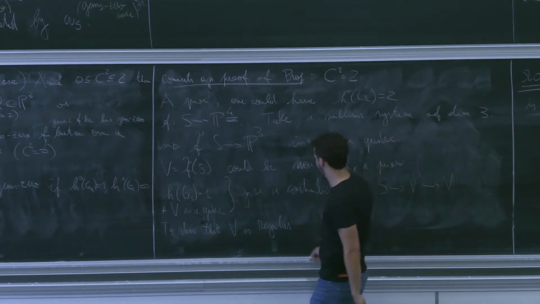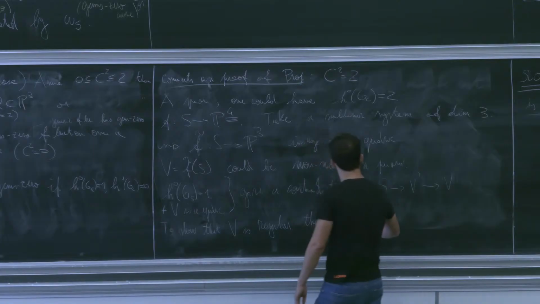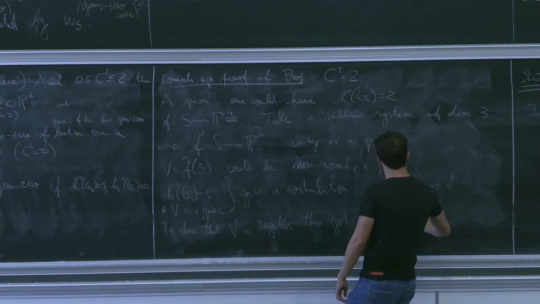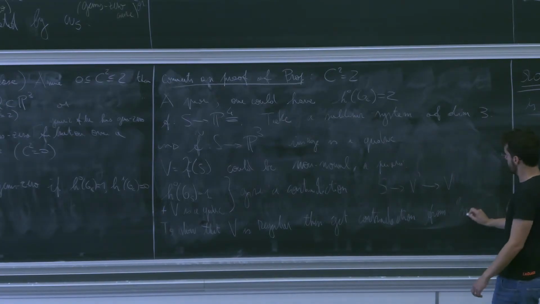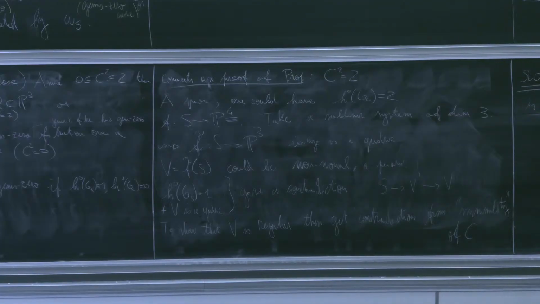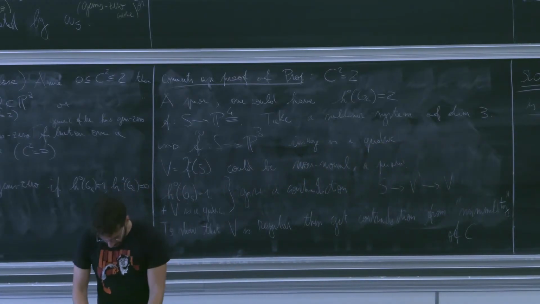So regular, then we get a contradiction from the minimality of C. Hopefully it's clear what I mean. I'm taking the irreducible component which doesn't deform. Good, so this is the kind of idea.